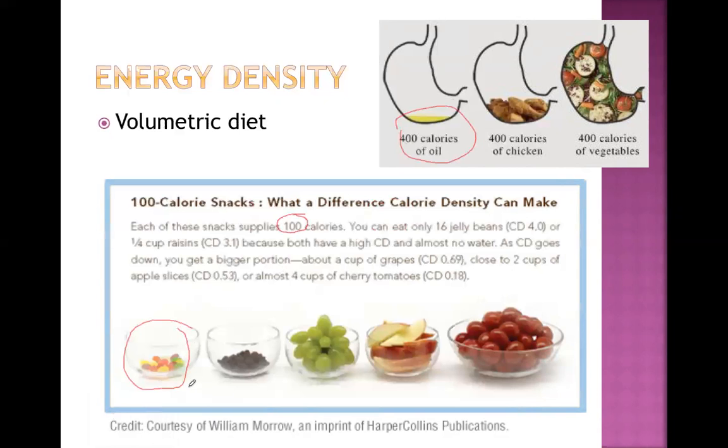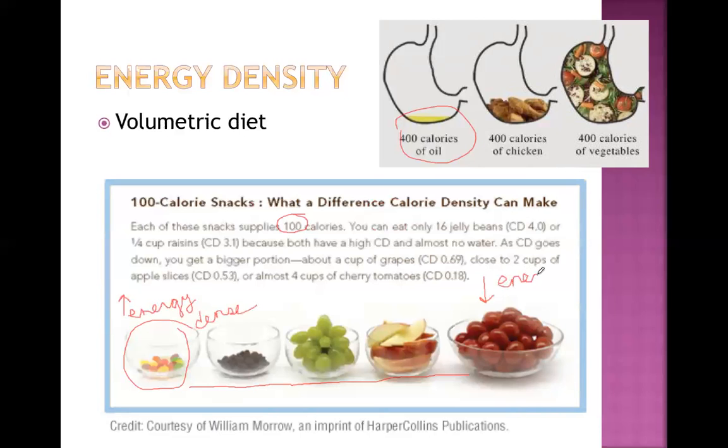You can look at the bottom and see foods moving from high energy density to low energy density. And the cherry tomatoes there would be considered low energy density because the volume is so big for 100 calories.